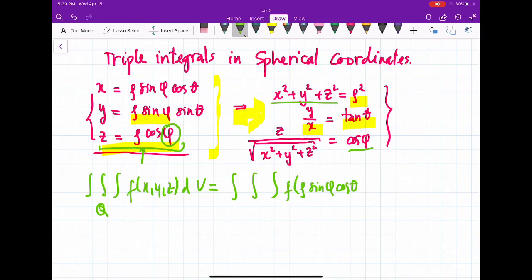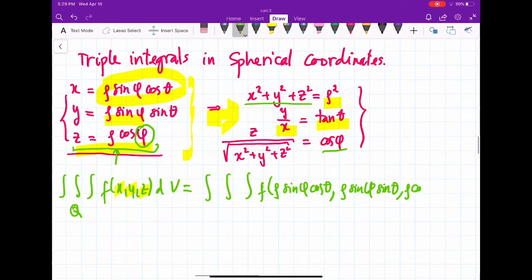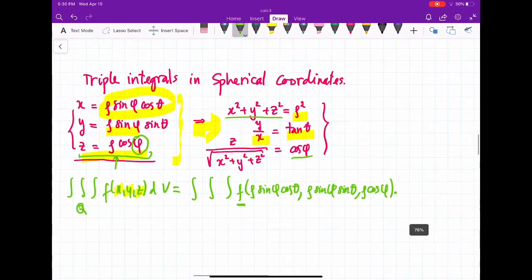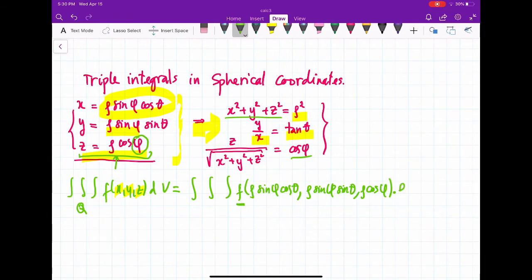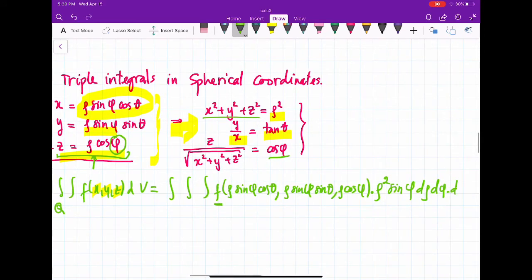Instead of x, y, and z, you just plug in their formulas, right? The next one is rho sine phi sine theta, and the last one is rho cosine phi. That is about the function f. And inside, you still need to multiply by rho squared sine phi d rho d phi d theta.